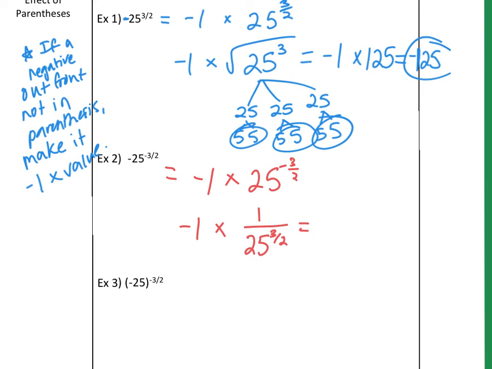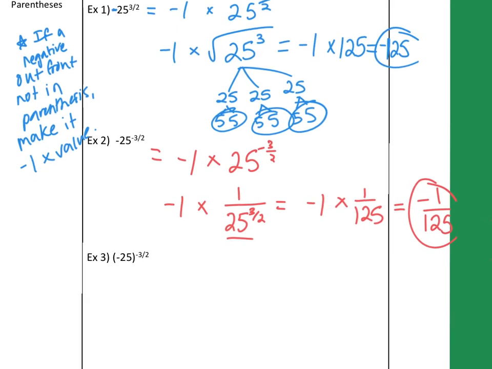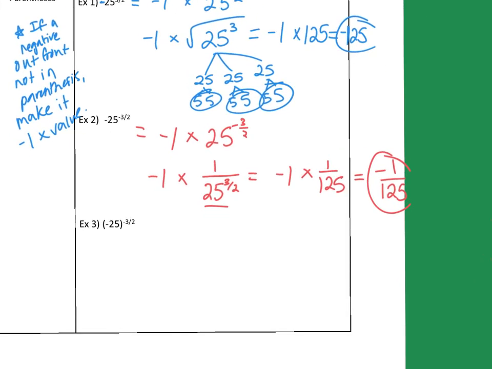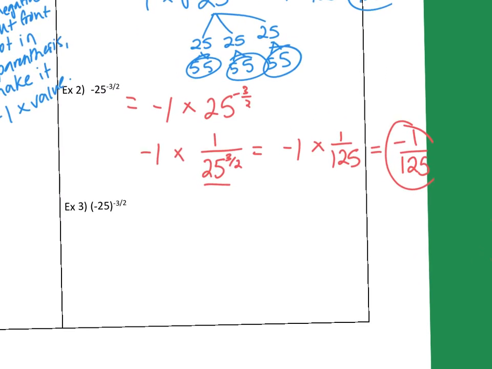What did we say that 25 to the 3/2 was? 125. So this is just going to be -1 times 1 over 125. I'm not going to work that out again. And what's the answer going to be? Perfect. -1 over 125. So we see how that negative exponent changed that. Okay. Now the last one, and then we're done.